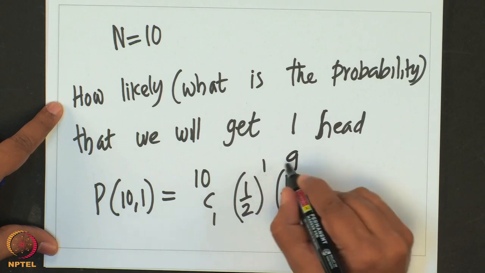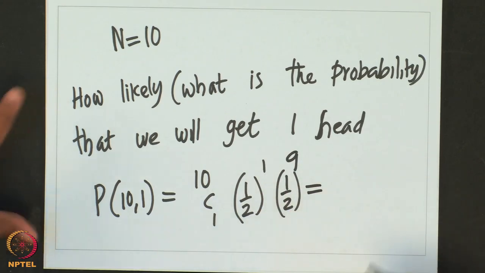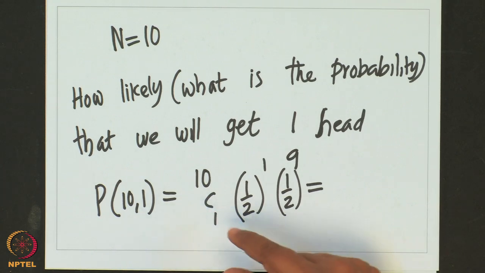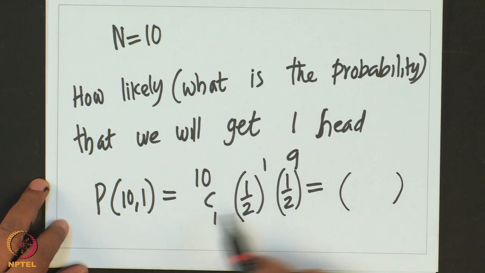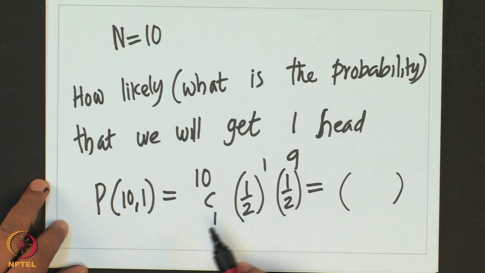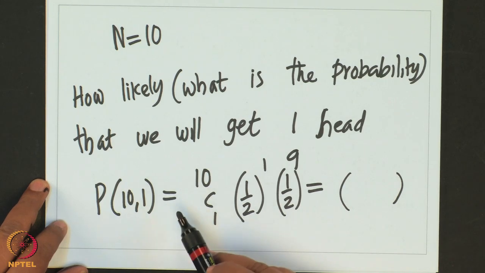This is the answer that we can get. So 10C1 is 10 factorial divided by 1 factorial times 10 minus 1, which is 9 factorial. So we can calculate this approximately, and this number would give us the probability to have exactly one head or one girl.